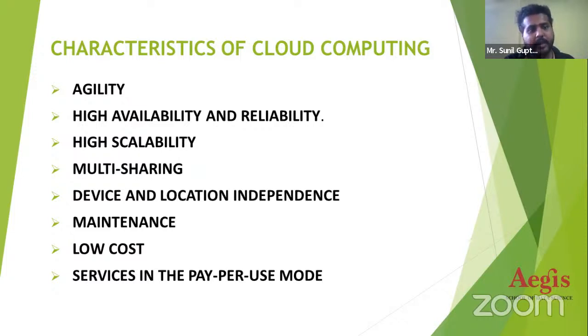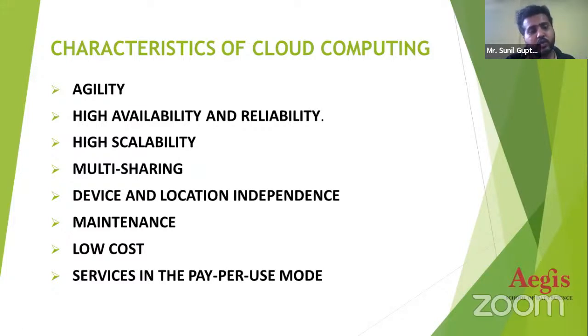And the second feature is high availability and reliability. I'll take the example of Microsoft. They provide 99.9999% SLA, so there is no downtime. It's very reliable, and it is available 24/7. And for example, you have one web app, one virtual machine, and your business works from 9 to 6.